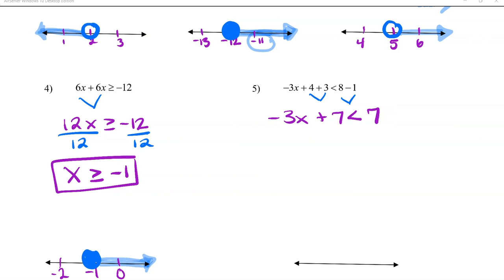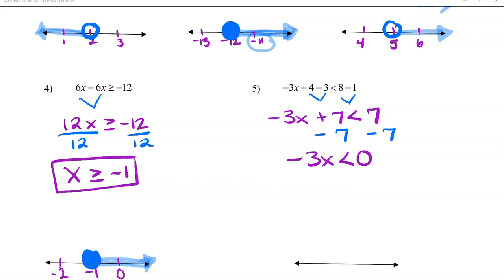So the next step would be to undo the addition on the side of the variable. So right now we're adding 7, so we'd want to subtract 7 from both sides. Negative 3x is less than 0.